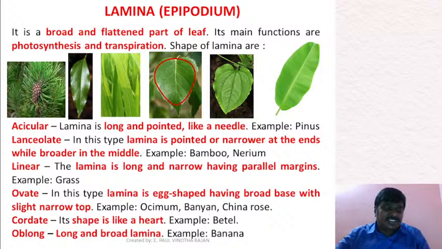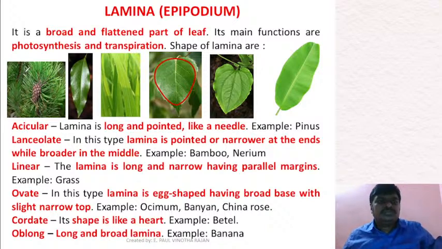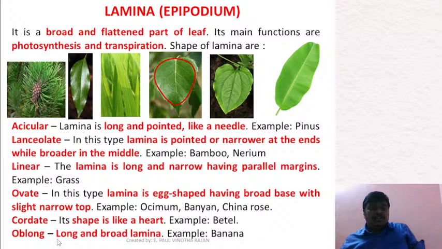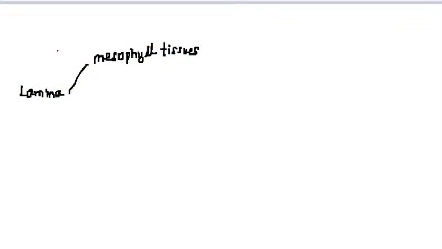The lamina has mesophyll tissues, and the mesophyll tissues present in the lamina are involved in photosynthesis.